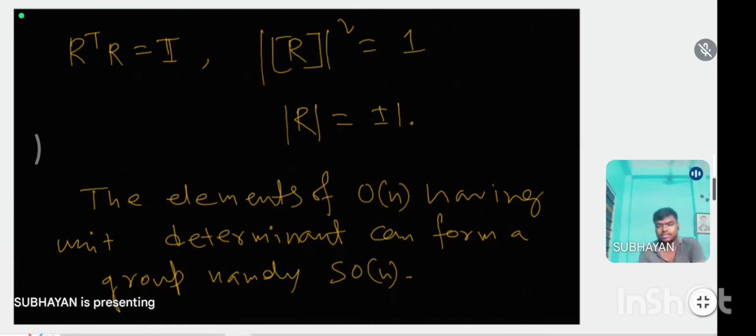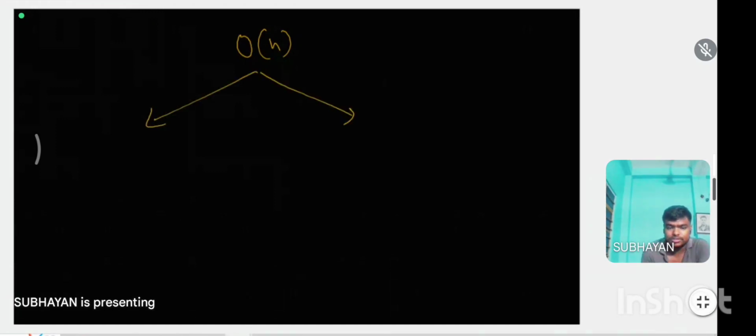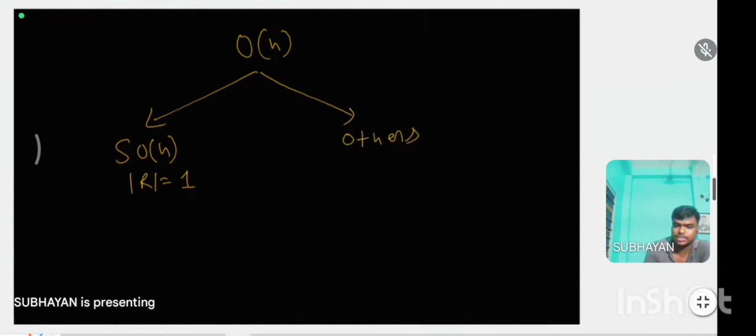These are special because these have the unit determinant, mod of R equals to 1. But the other elements which have the negative one determinant, they cannot form a group. Okay. So they are not special. So we have a set of rotational matrices which is ON. Amongst them, one is SON, having a determinant equal to +1, and others are not so special. They cannot form a group because their determinant is -1.